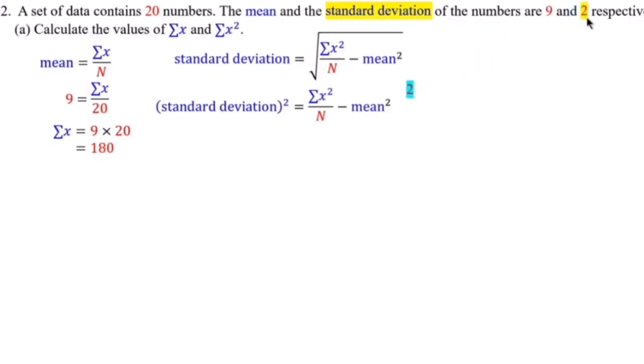Sum of data square is the one that you want to find. n is 20 and the mean was given just now, which is 9 square.